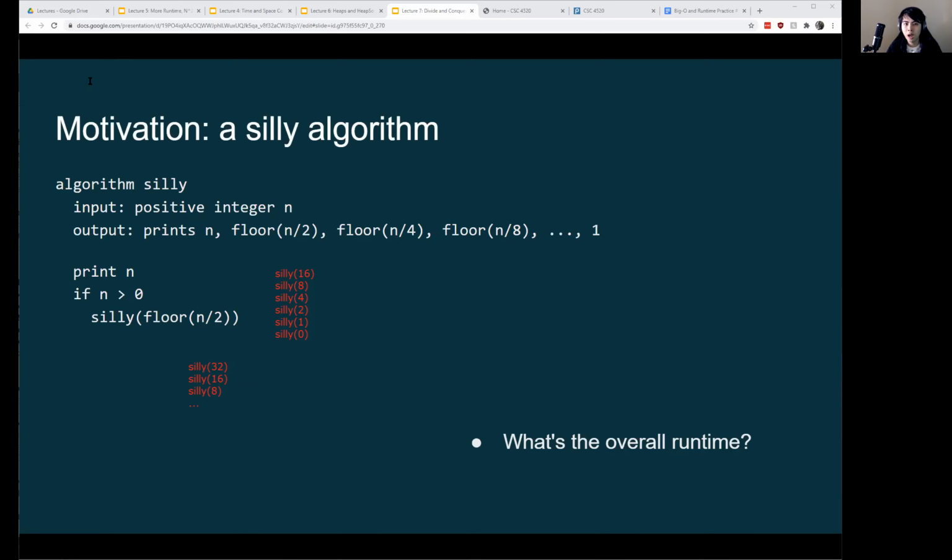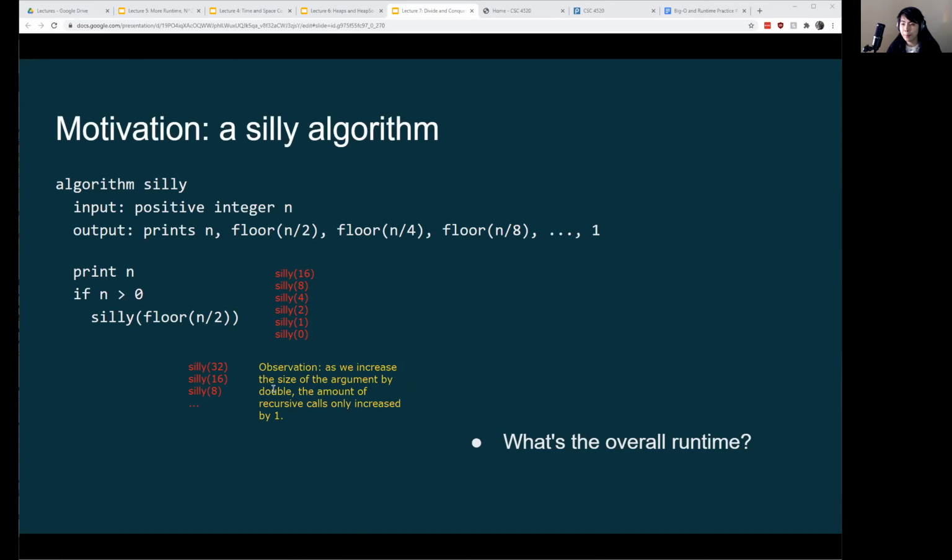So essentially, every time we double the amount of the input, so we go from 16 to twice of that, the number of recursive calls we make doesn't double. It actually stays pretty stable. So the observation we're making here is that as we increase the size of the argument by double, the amount of recursive calls only increased by 1.